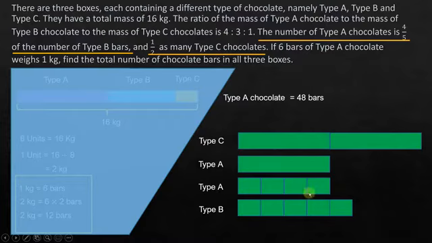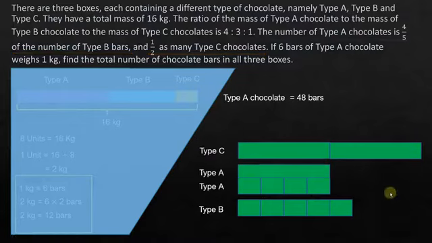And another thing to note here is this is equally divided into 4 smaller sized units, which means this should also be the same. So we can just merge these two so that we don't have to have a duplicate type A here. This also means if this is equally divisible into 4 smaller units, this we can divide into 4 smaller units and this also into 4 smaller units.